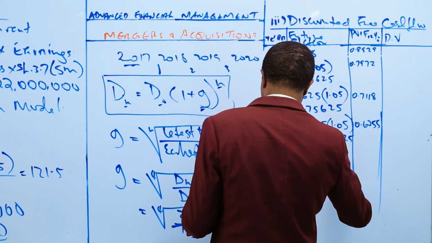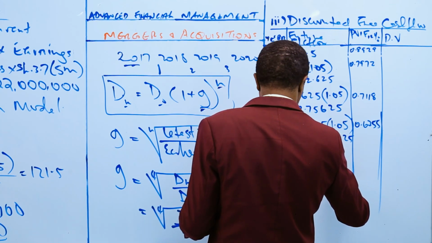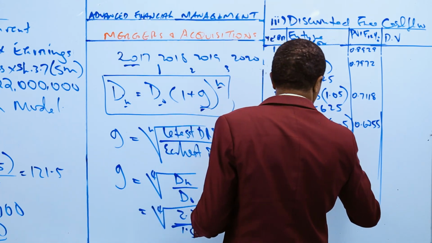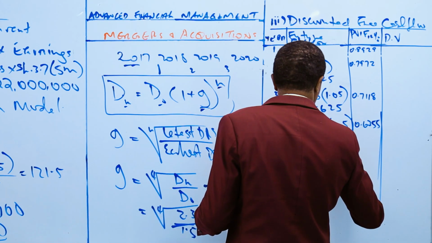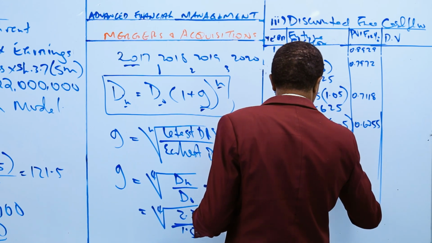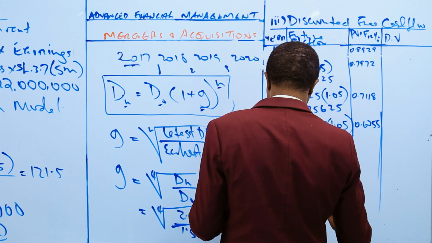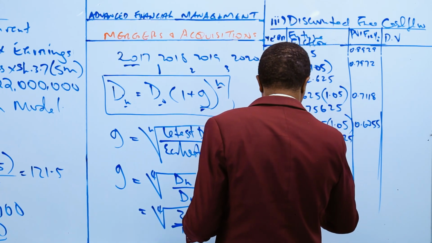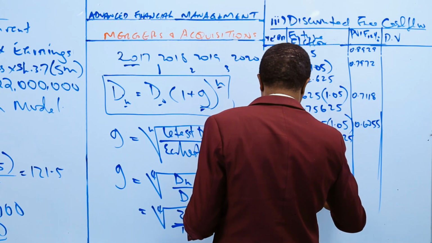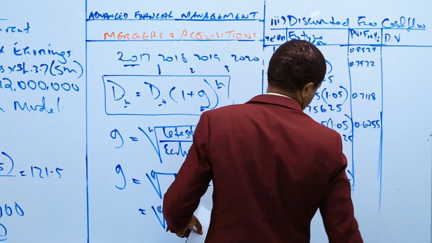The growth rate again is still 12.5%, so this will be 1.125 over KE. The KE here is 15, so we have 0.15 minus 0.125.